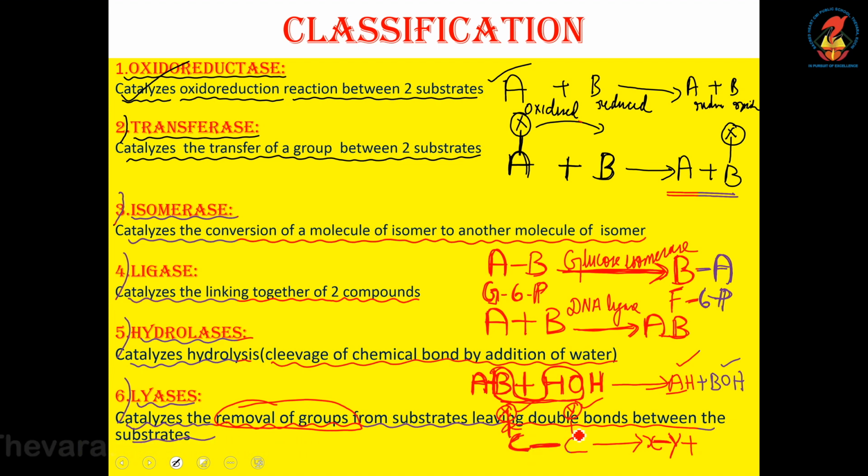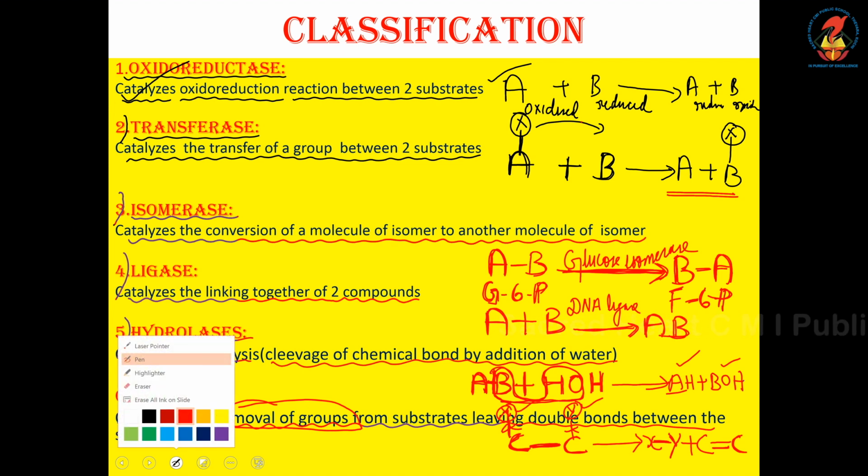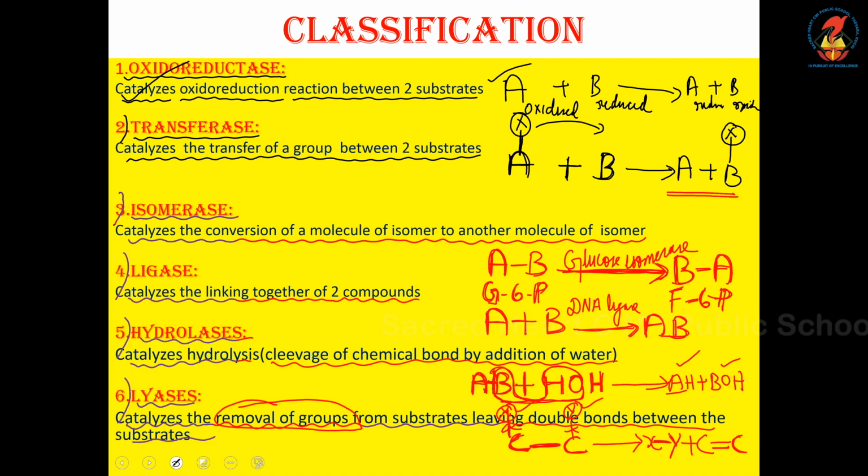Now, when this bond is broken and when this bond is broken, what happens is a double bond remains. It's left a double bond between the two C's. Clear? So, once again, lyases are well explained with carbon compounds. We have two carbon atoms attached by a single bond and the other with functional groups X and Y. What happens is the two functional groups are removed.